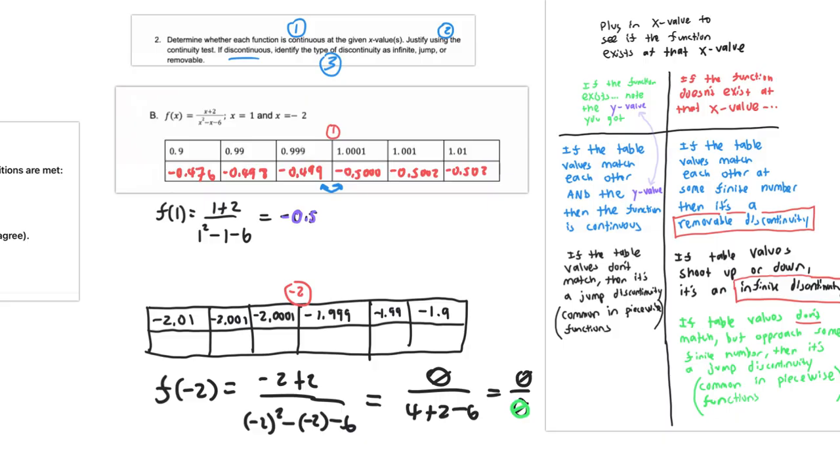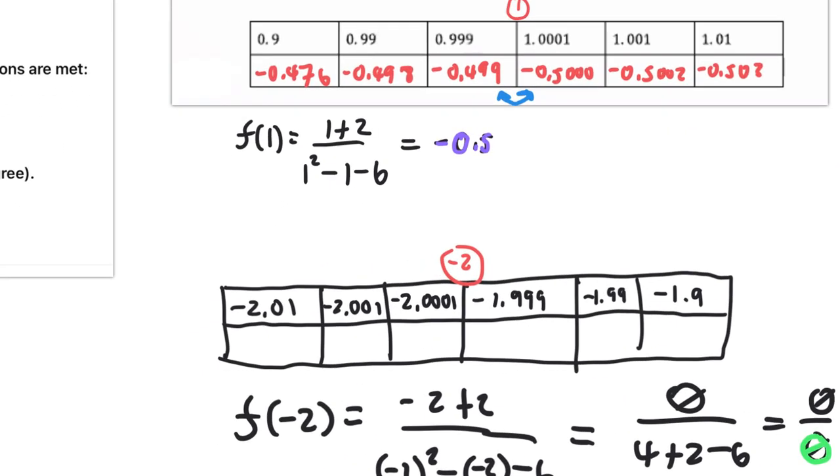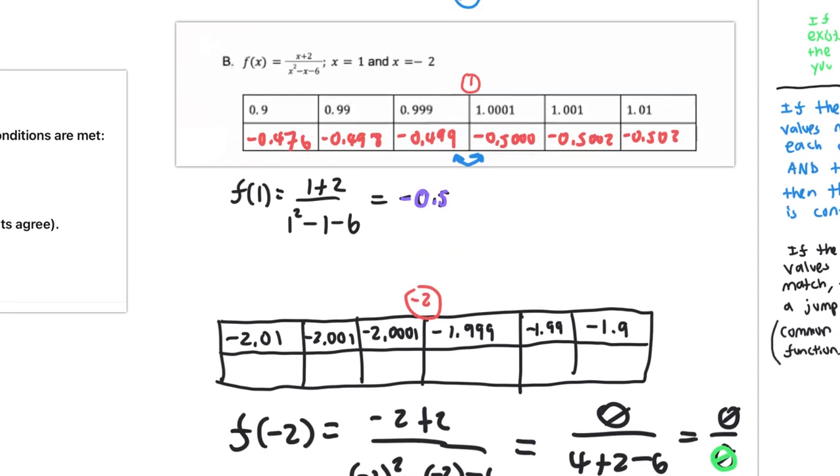Let's investigate what happens in my calculator when I plug the x value of -2.01 into this. We're going to find out. That is going to be -0.1996.